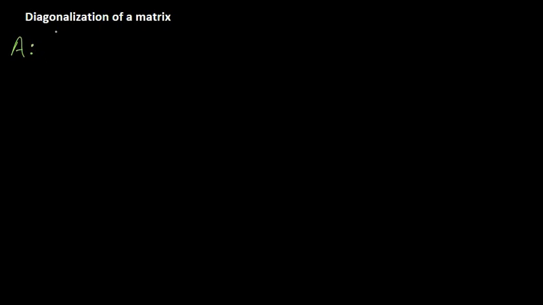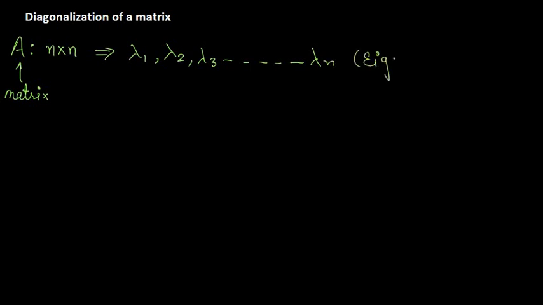So let's get started: the diagonalization of a matrix. Suppose A is an n cross n matrix. Let's say its eigenvalues are lambda 1, lambda 2, lambda 3, and so on. Since it is an n cross n matrix, it has n eigenvalues.